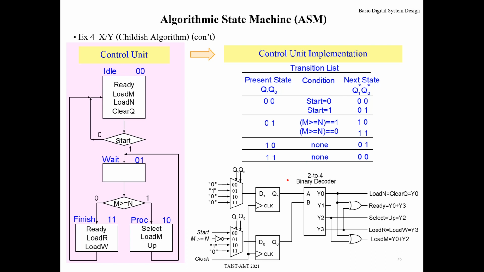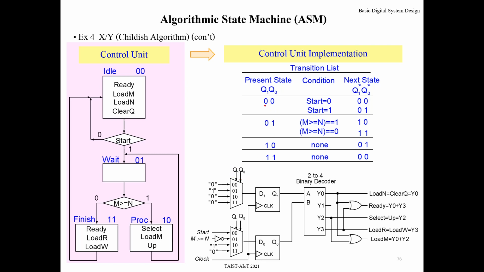Okay, let's consider Q1 star. When clock tick, Q1 star will read data from D1, right? So let's consider if the current state is 0 0. I use multiplexer by using Q1 Q0 as select signal.